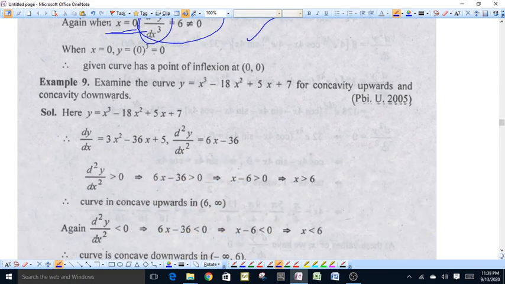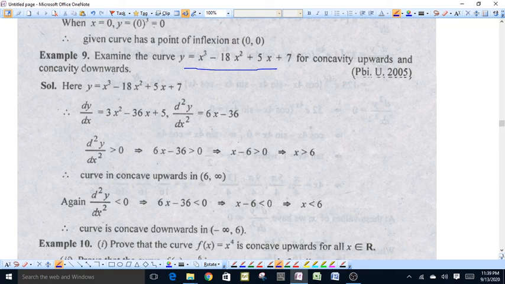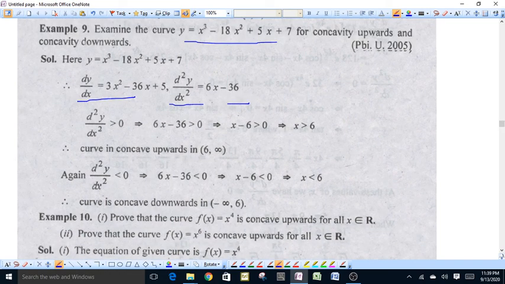Let us take another example. Suppose we have a curve y is equal to x cube minus 18x square plus 5x plus 7. We check for concavity upward and downward, and for the points of inflection. Take first order derivative, then second order derivative 6x minus 36. For second order derivative to be positive, 6x minus 36 must be positive. This means x minus 6 is positive, that is x is greater than 6.